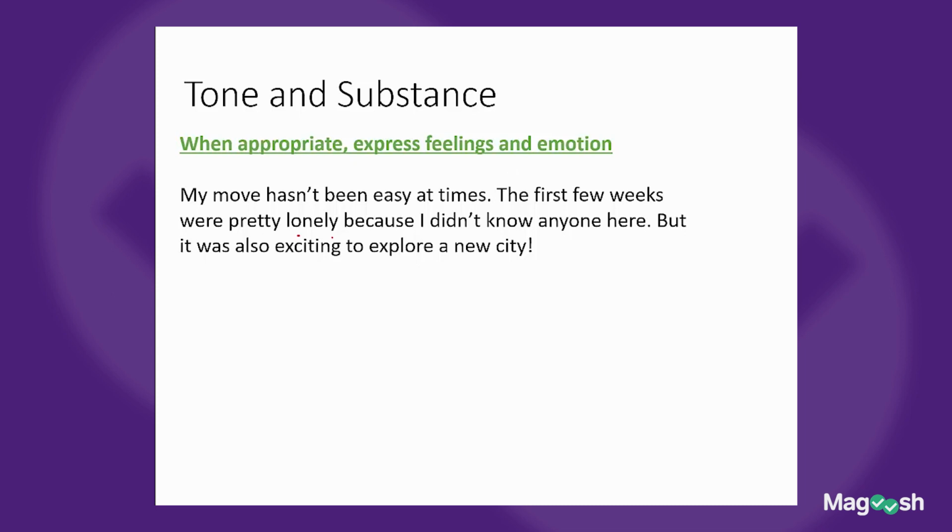Okay, so talking about being lonely, talking about things that are exciting, these are things that will come out in Task 1 letters because you're writing to a friend about your true thoughts, your true feelings about whatever it is you're experiencing. Many Task 1 prompts require you to do something like this, or at least it's possible to talk about these types of things with someone with whom you're very close.